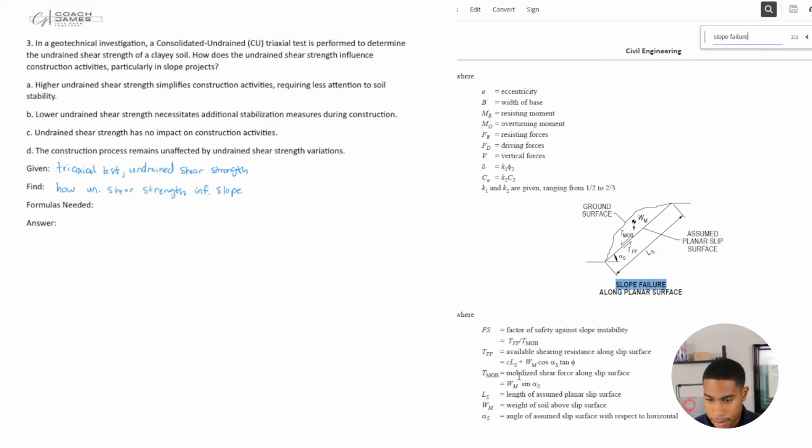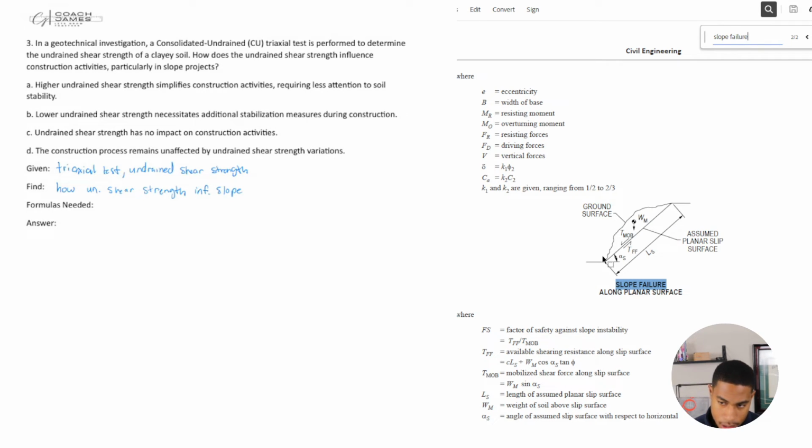All right, what is T mob? It's the mobilized shear force along the slip surface. So that's the force that's pushing downwards for this thing to slide. And then you have T ff, pushing upwards, which is the available shearing resistance along the slope.